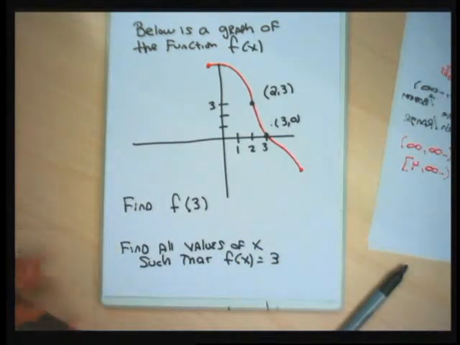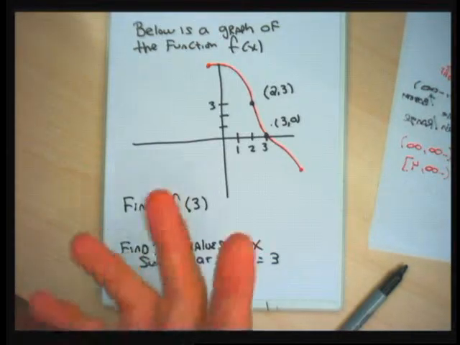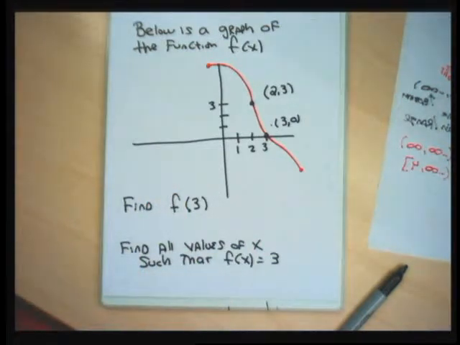So neither one of these questions are going to require algebra because I don't have any x's or y's to plug any numbers into to do algebra. So I have to understand what the question is asking for.